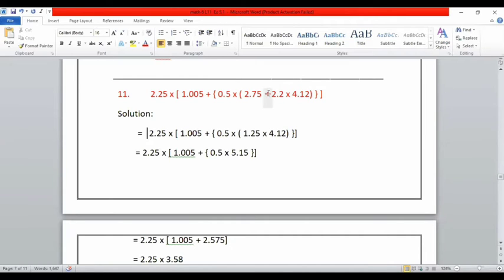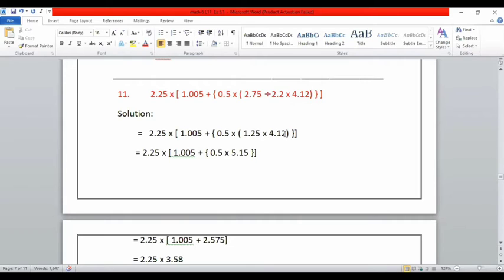Dear students, here we have two binary operations, divide and multiply. DMAS. So when we have DM, it means divide first, then multiplication. 2.75 divided by 2.2, you will get 1.25.